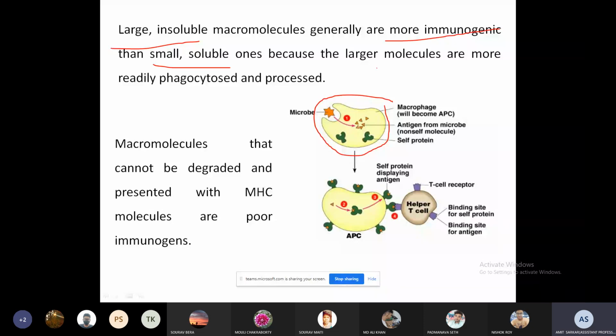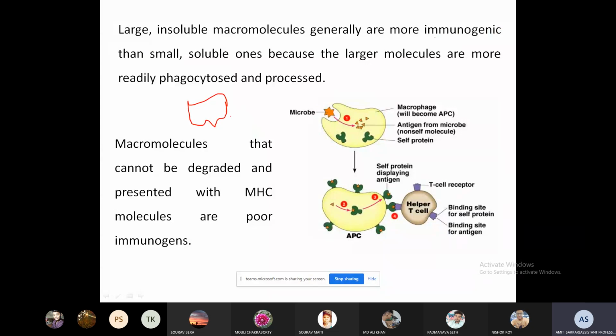The job becomes easier for them if antibody molecules coat all the antigen and form a big bubble type of thing for them. Okay. So similarly, with the same correlation, we can say that when the microorganism, macromolecule or the antigen is big, large, and also insoluble, then that makes the job easier for our macrophage to go and engulf them, rather than if it is a small molecule and also soluble.